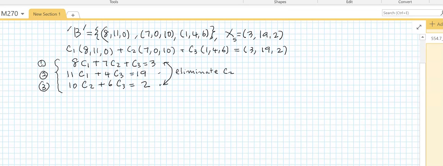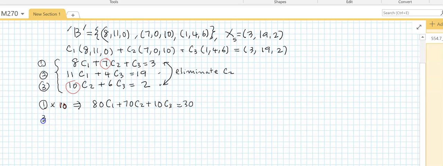So I want to eliminate C2. So equation 1 has 7 and this is 10. So I want to make a common denominator, maybe 70. So 1 times 10 will give me 80C1 plus 70C2 plus 10C3 is 30.